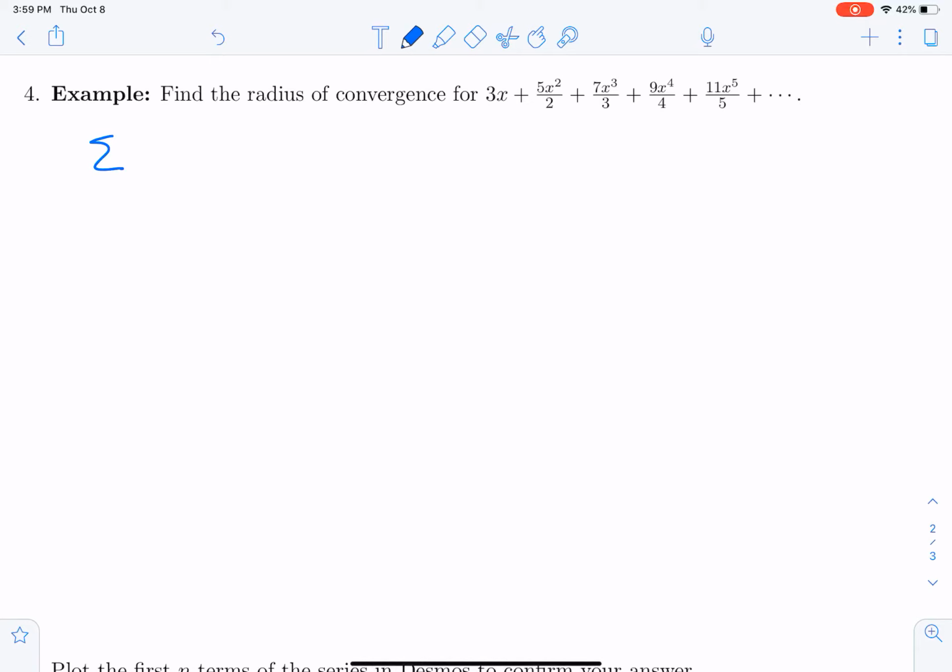This is the sum from k equals 1 to infinity. We notice that the denominators go 1, 2, 3, 4, so this is divided by k. We take x to the k power, which we can think of as x minus 0 to the k power. And then we have odd terms, 3, 5, 7, 9, so these are 2k plus 1.